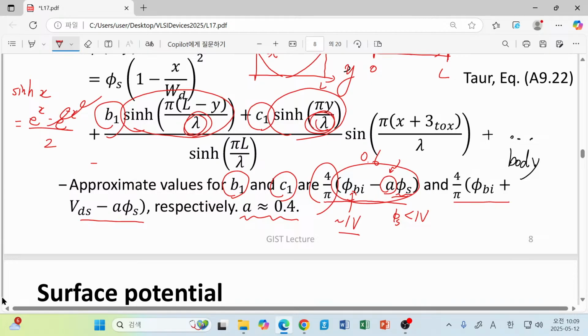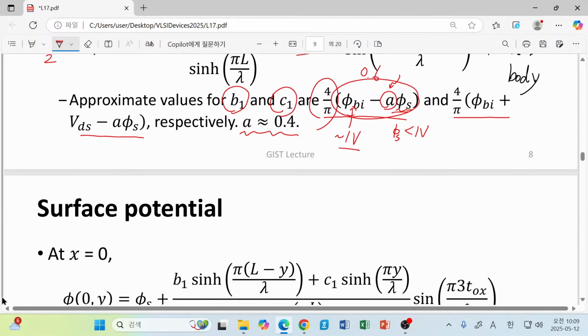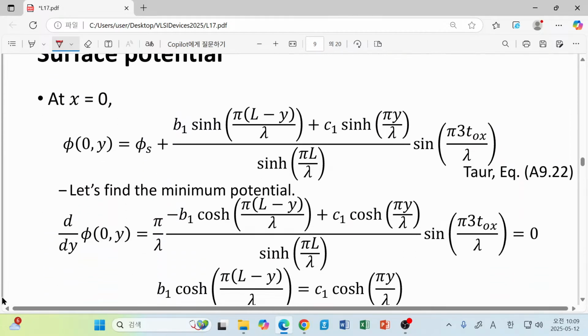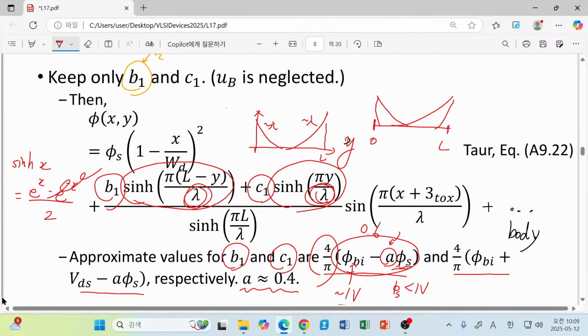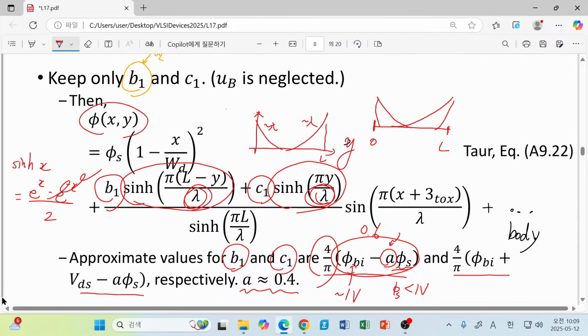So now let's go to this one. Although I'm not saying that this phi x comma y is the exact solution. Of course, this is not the exact solution.